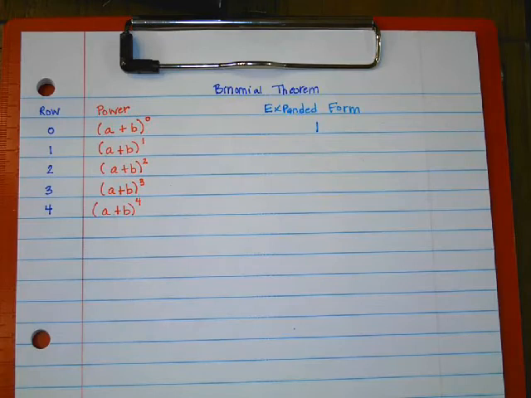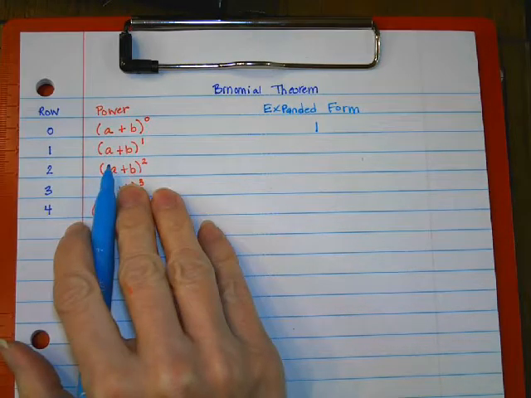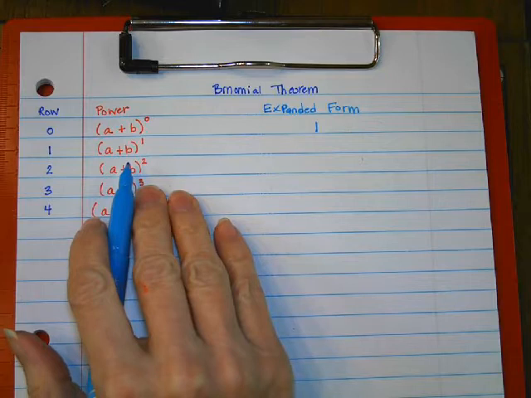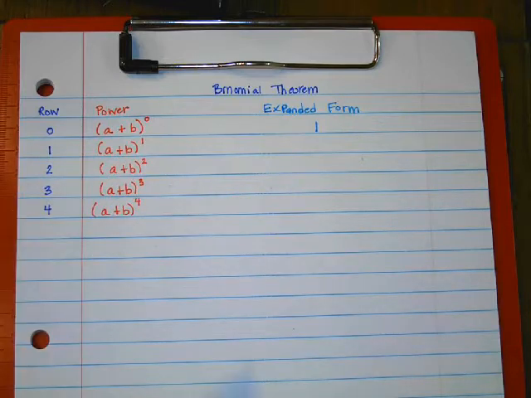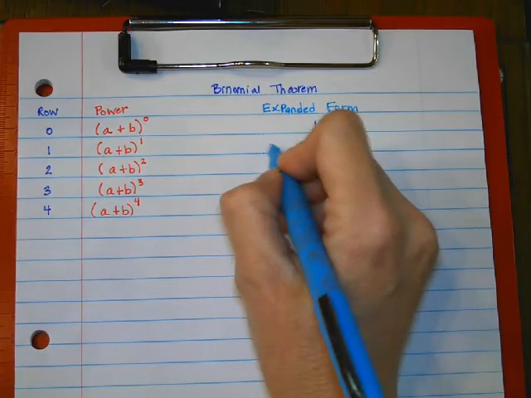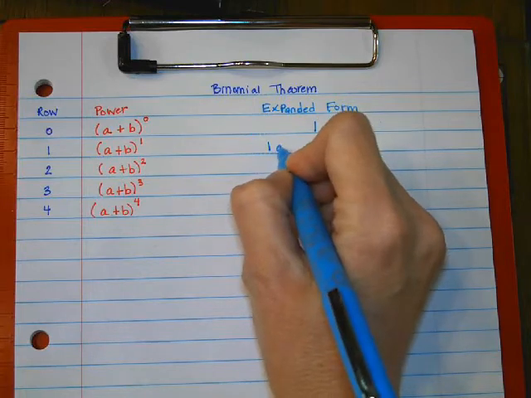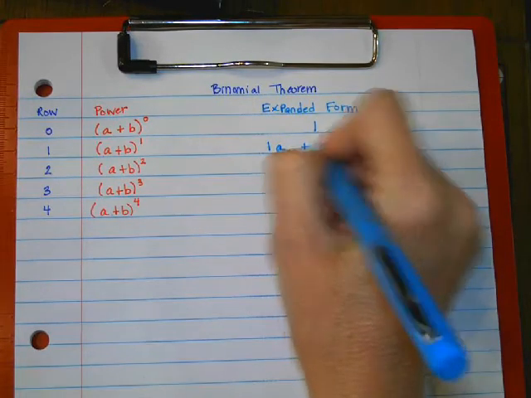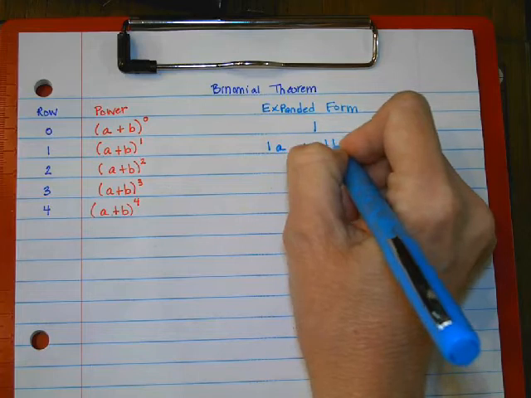So there's where our 1 starts, because that represents any value to the 0 power is 1. To find this next value, the a value plus the b value, all we do here is take our a value, so we've got 1 times a plus 1 times b. That's all we have.